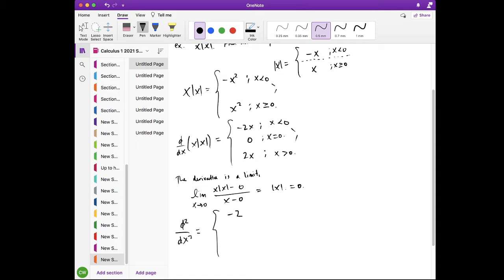Now what's the derivative when x is greater than 0? 2. Now what's the second derivative when x is equal to 0?